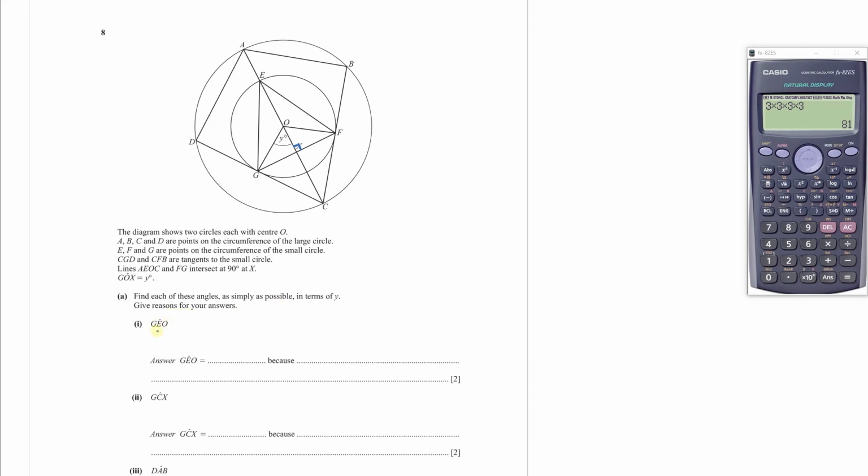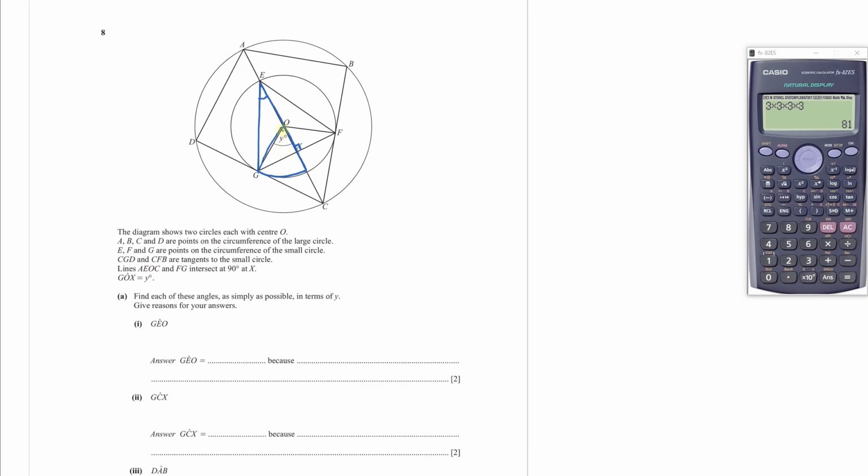So first you have to find angle GEO. GEO is this angle. If you look at this inner circle, angle GEO is subtended by this arc. This arc makes angle GEO at the circumference of the inner smaller circle, and this same arc subtends this angle y degrees at the center of the circle.